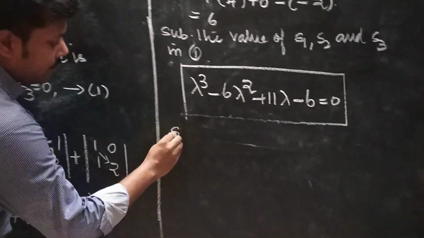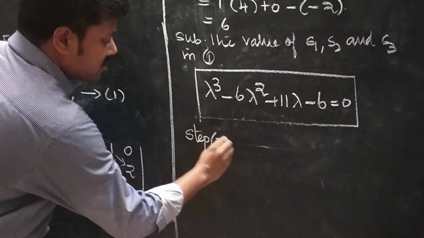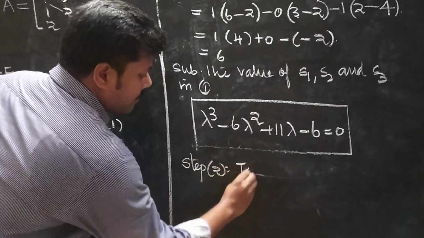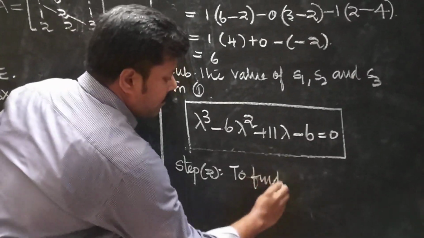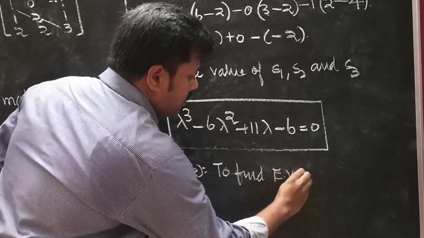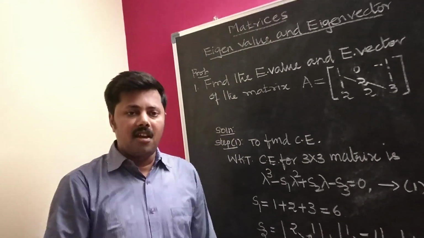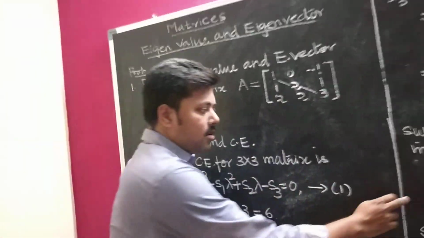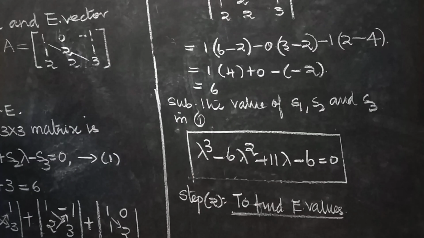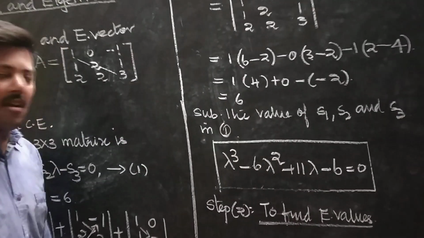Step number 2, to find eigenvalues. So to solve the characteristic equation, we get the eigenvalues. We know the characteristic equation is lambda cube minus 6 lambda square plus 11 lambda minus 6.